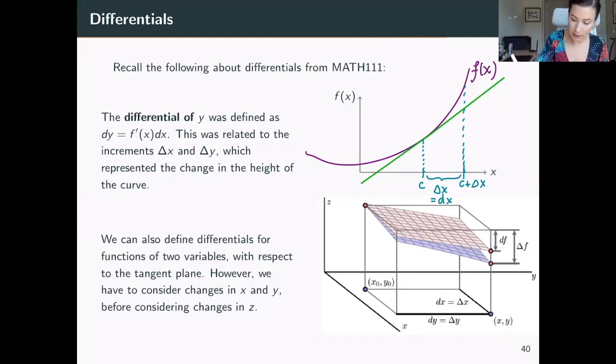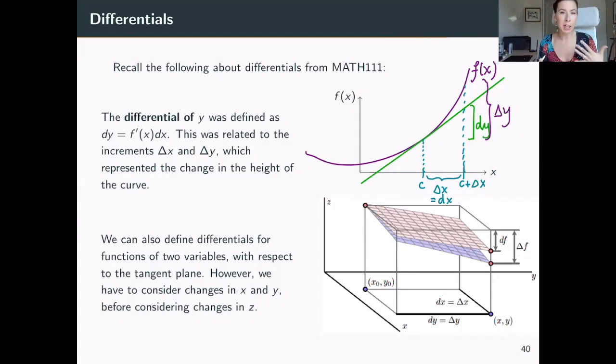Now, the d and the delta switch around when we're talking about the curve versus the tangent line. So we could also look at the change in the tangent line. So my change in the tangent line is going to be here, and I'll label that in green. That change in the tangent line is what we referred to as dy, whereas our change in the curve here was our delta y.